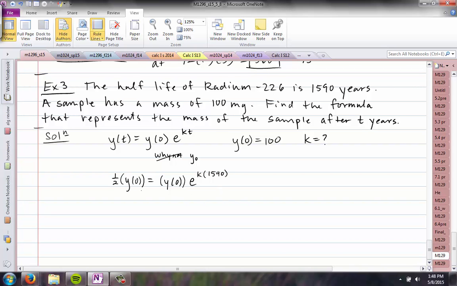That will be the amount left as half of the initial amount for when t equals 1,590 years.